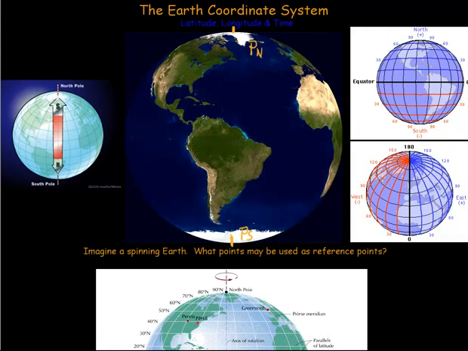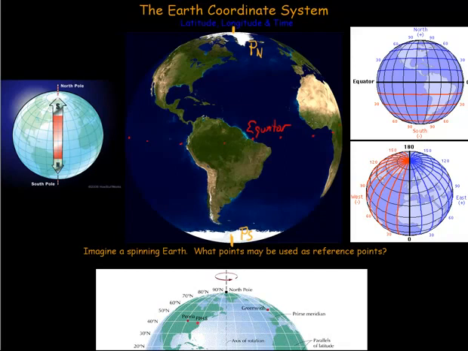If we went in and found points that were halfway distant between the North Pole and the South Pole, we would end up drawing dots, each one halfway in between. And then all you have to do is make another line, and we call this thing the equator.